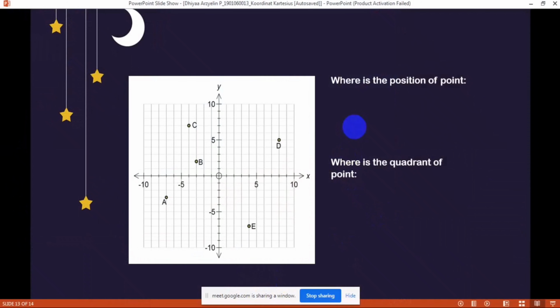Okay. So you can answer the position of point C, D, E, like that. Position of C, negative 4, 7. Yes.